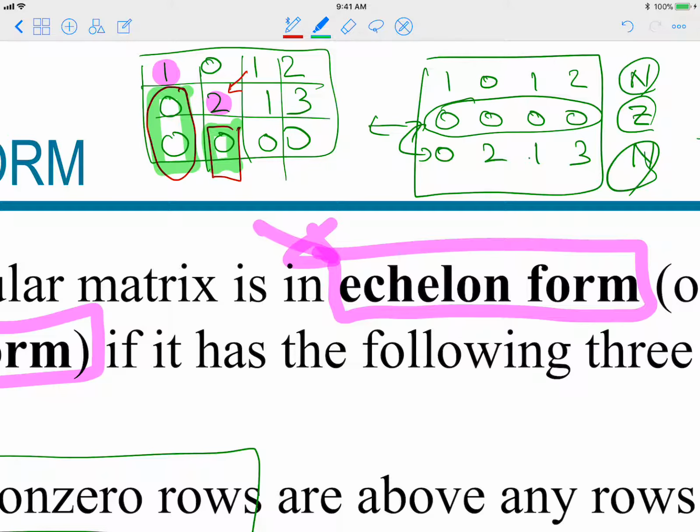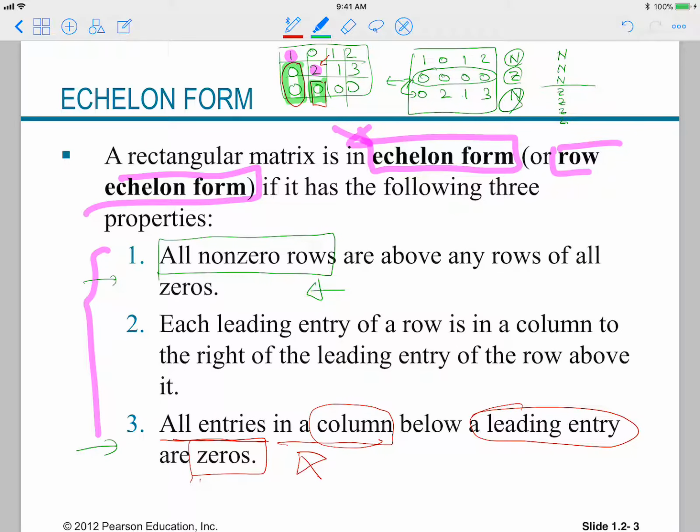This is actually the form that we try to convert the original matrix into, in the case of solving the linear system from the previous example. So if we are solving the linear system by using row operations, we try to change the given augmented matrix into the echelon form of the matrix. Okay, so that is the third requirement.